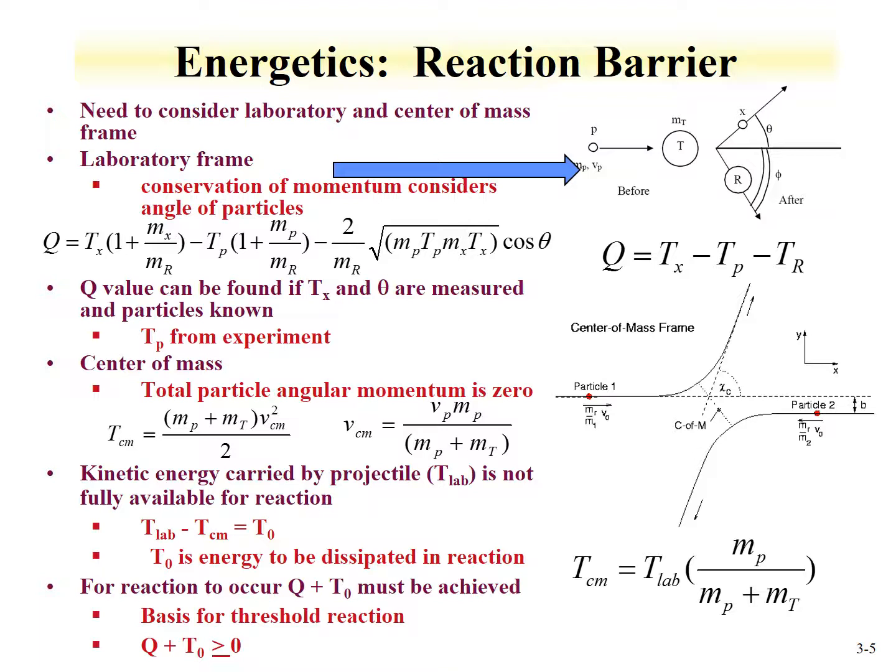So the kinetic energy of X would be the particle here. The kinetic energy of P is our projectile. And we also have information related to the kinetic energy of the product.